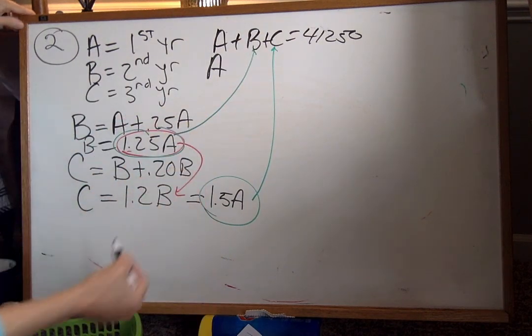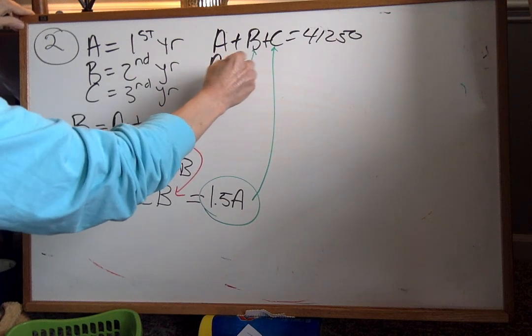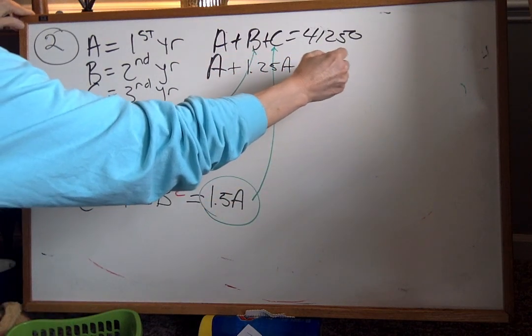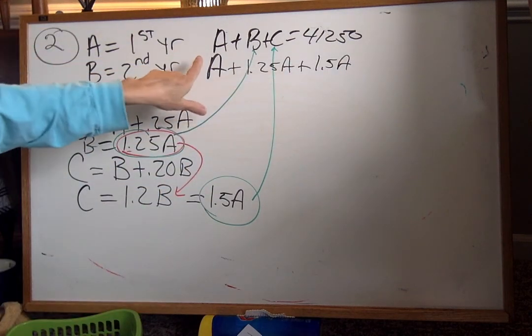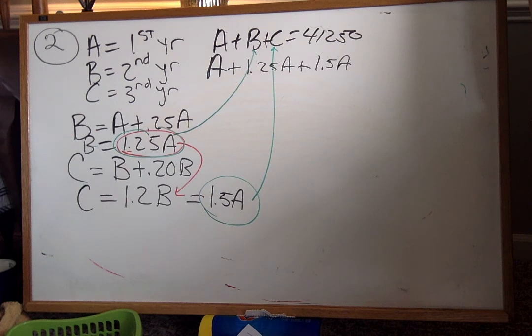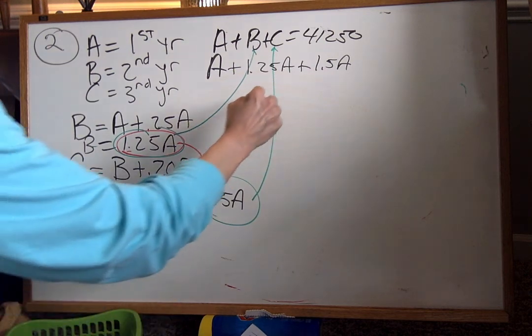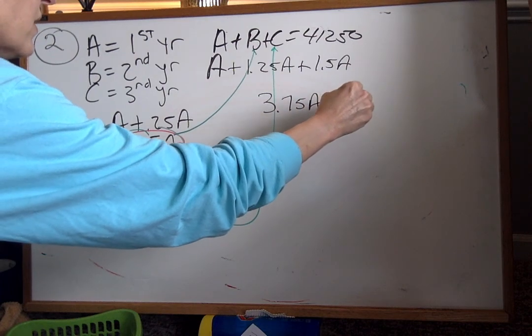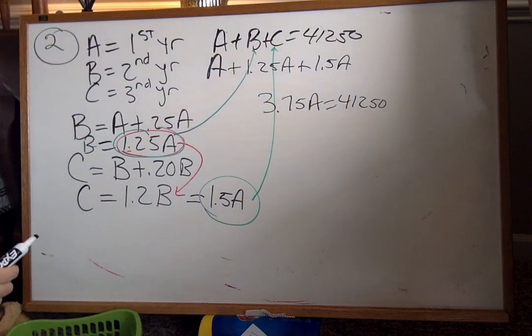So we've got A plus 1.25A plus 1.5A. So 1 plus 1.25 plus 1.5 is 3.75A equals 41,250. Divide both sides by 3.75.